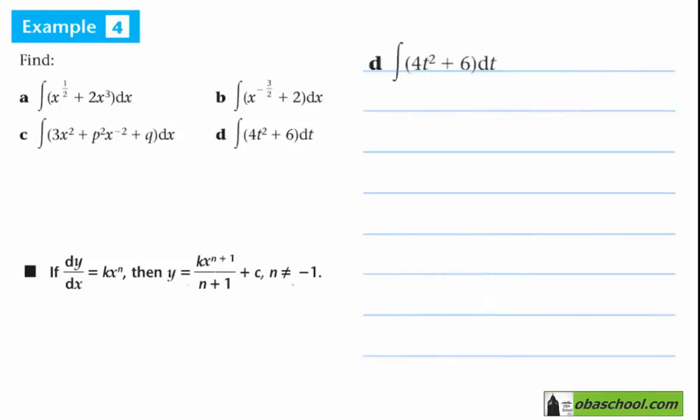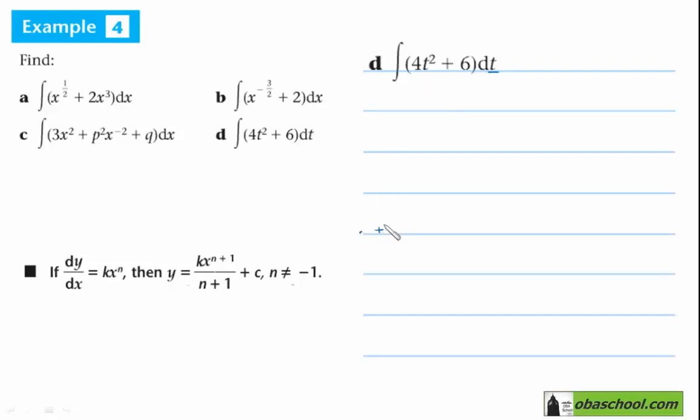Part D. In part D, we are asked to find the integration of 4t squared plus 6 with respect to dt. Now the variable we have is t. We are going to integrate with respect to t, not x. Using the formula, we can start integrating the first term.